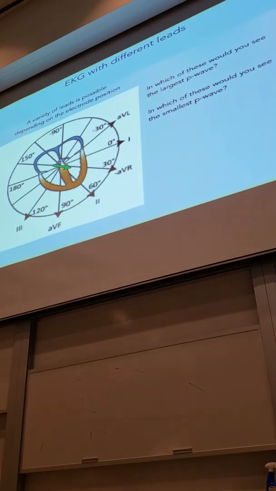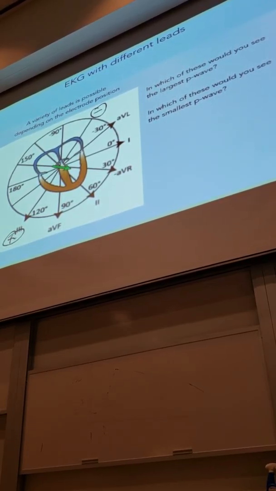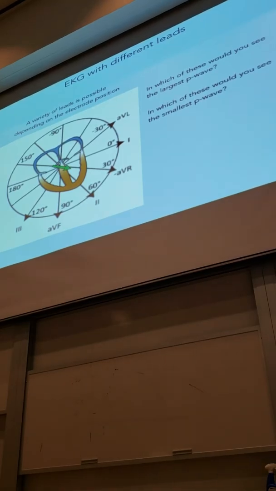So if you had your positive electrode down here and your negative here, or vice versa, it doesn't matter. You wouldn't see the P wave, it'd be invisible. Okay? But as you get closer and closer to that vector, it's going to get bigger and bigger. Okay? Does that make sense? So different vectors are useful for seeing different things on EKG, which is why we don't just have one.